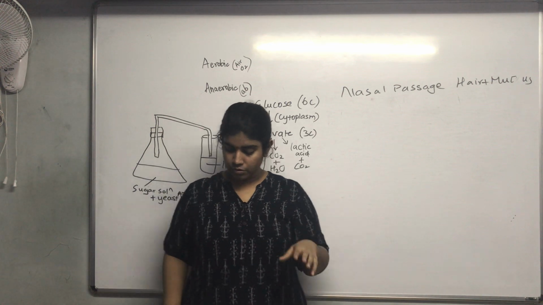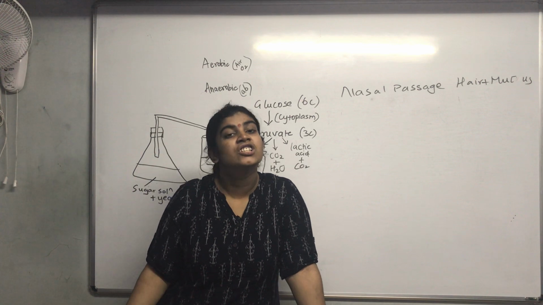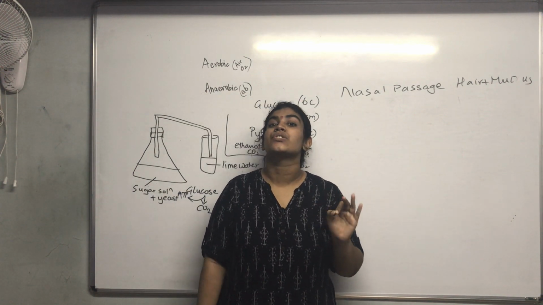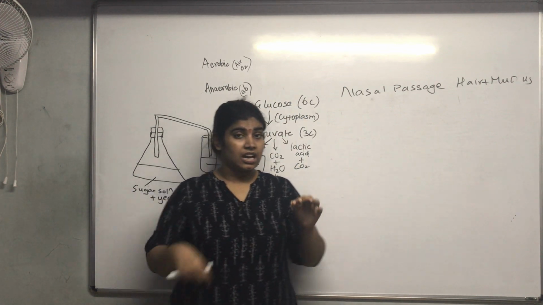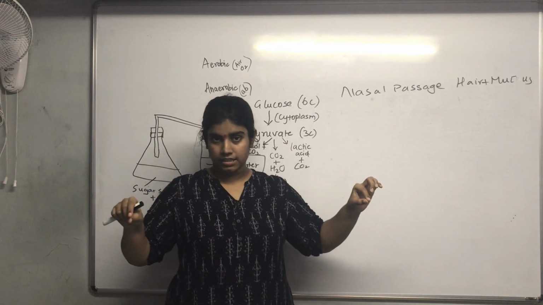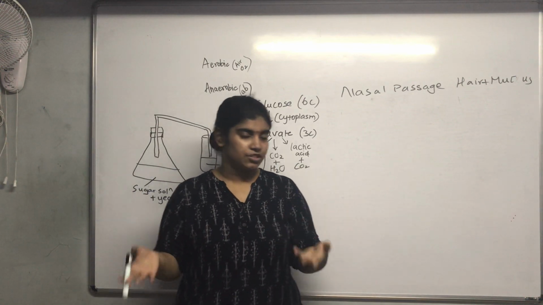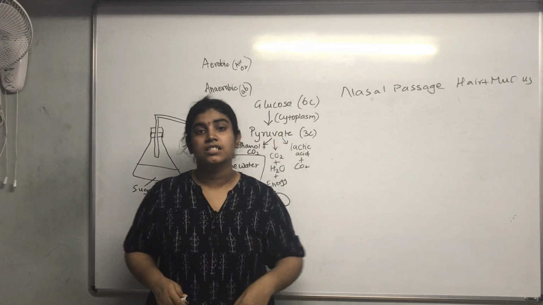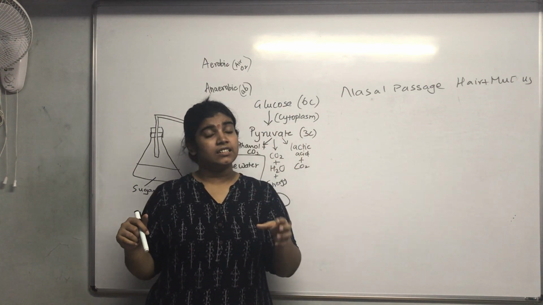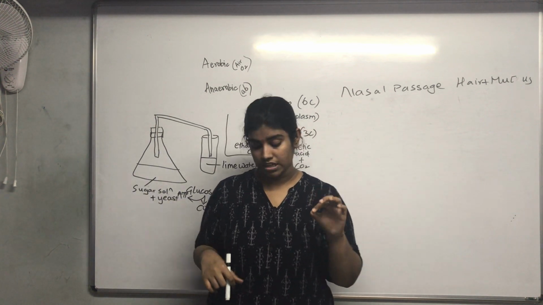This nasal passage leads to a pipe-like structure known as the trachea. This trachea branches into smaller tubes, the bronchi. You can refer to the diagram, which will be easier for you to understand. The bronchi have at their end lobular sac-like structures known as the alveoli.